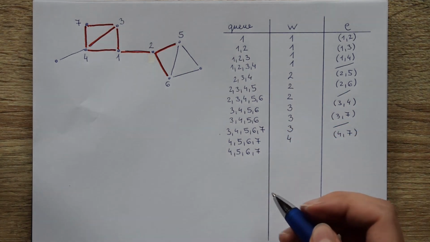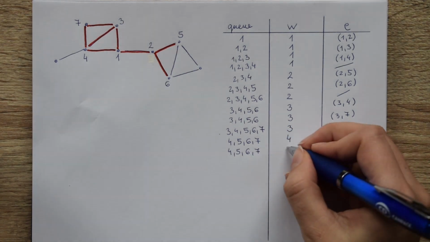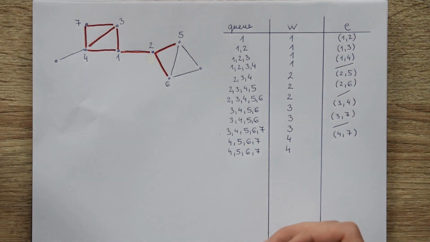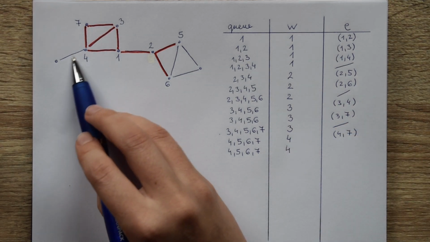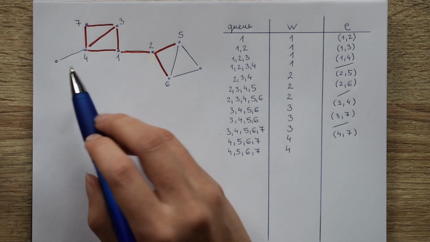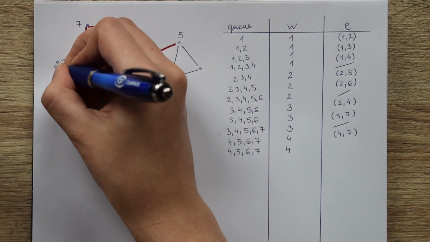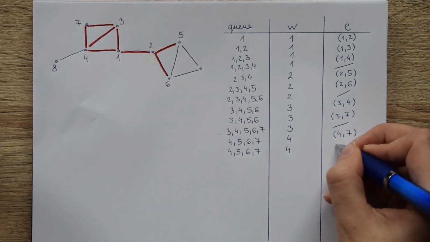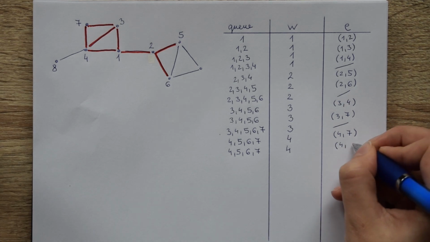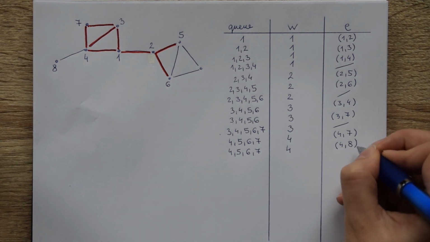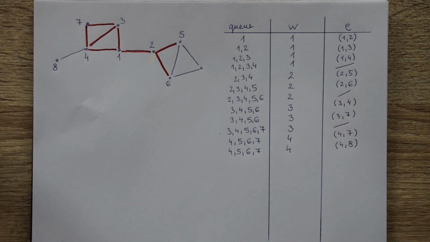I'm still discussing node 4. Is there any unmarked edge and node I can get from node 4 in one step? Yes, so I mark this one as node 8 and add edge 4, 8 to column E. I mark this edge in graph.